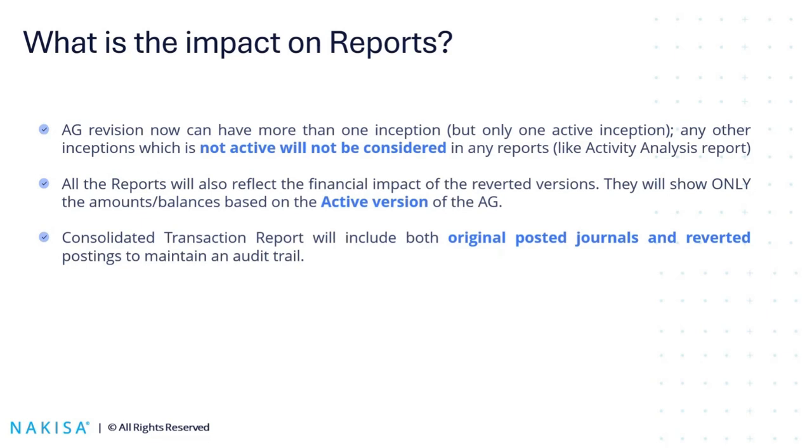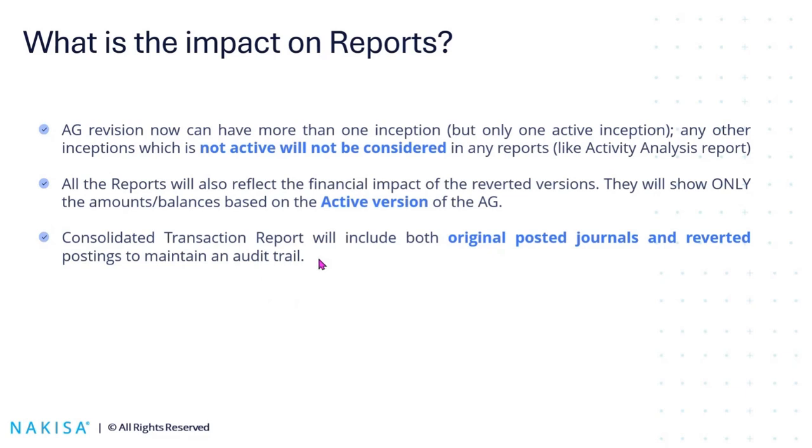All the reports will also reflect the financial impact on the reverted versions. I'm repeating again that it only shows the amounts and balances based on the active version and not any of the previous versions. It all gets reversed as they are reversed in the journals as well.